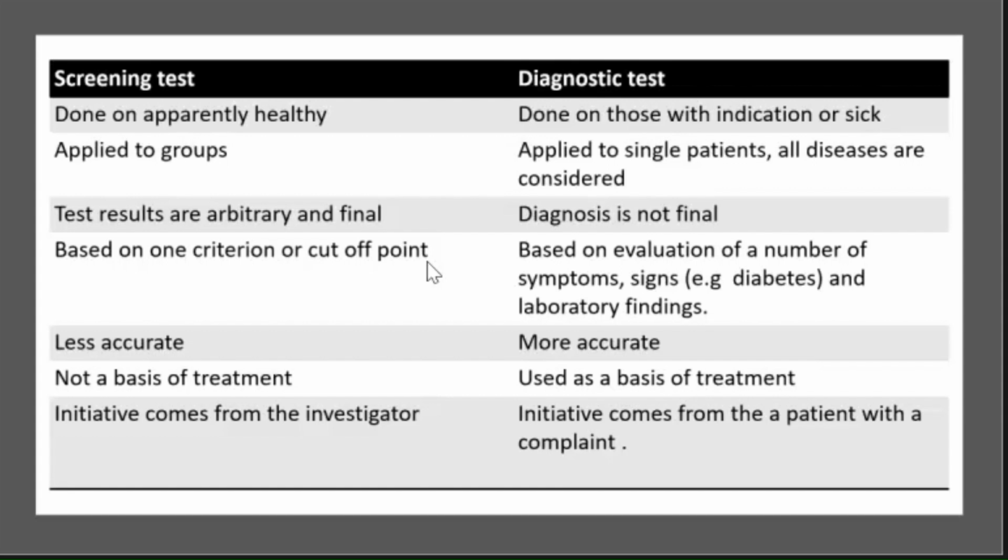That means if we are going for a screening camp for diabetes, we will decide the cutoff point, whom to take as diabetic positive, whom to take as diabetic negative. So it is decided beforehand. So we should have a clear-cut criteria whom to take as a positive, whom to take as a negative.